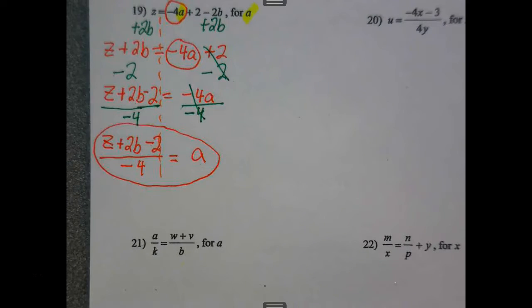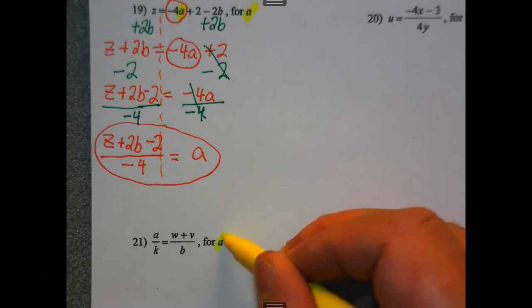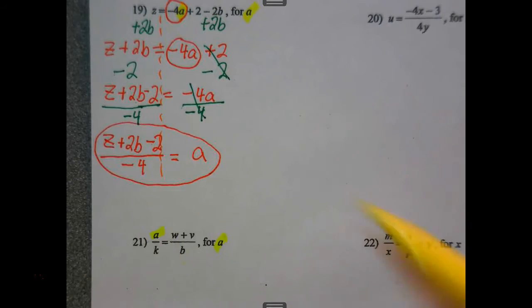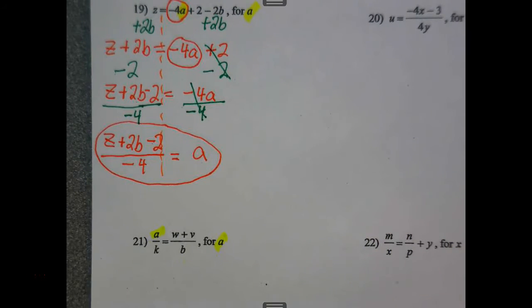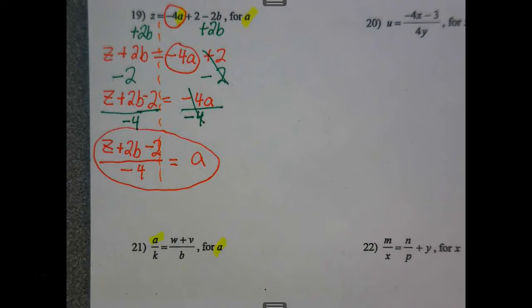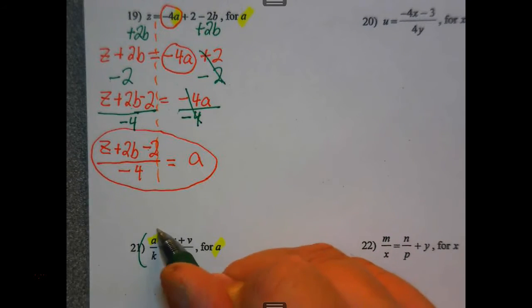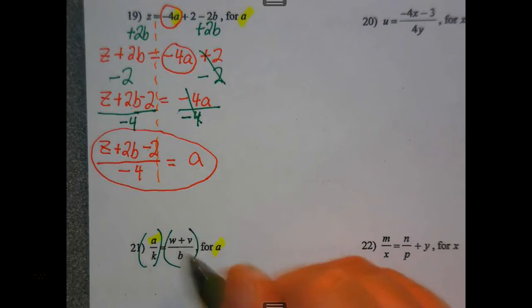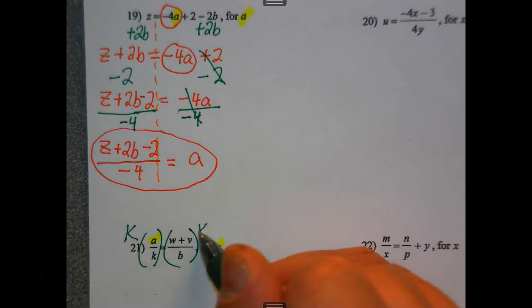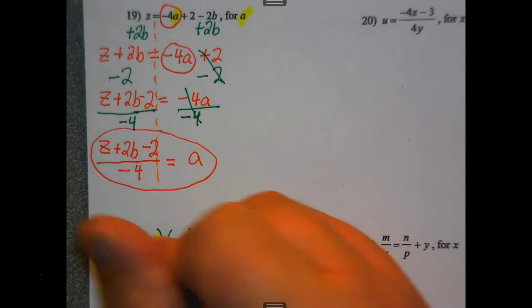Okay, 21. I have to solve for A. A is in the numerator, thankfully. I'm going to multiply both sides by K. My K's cancel.